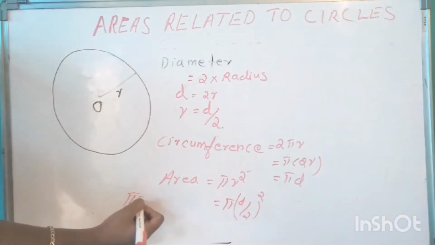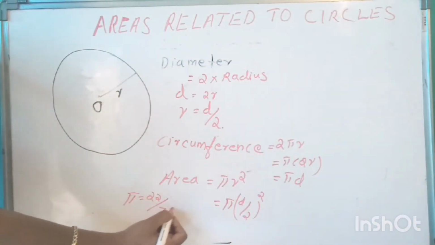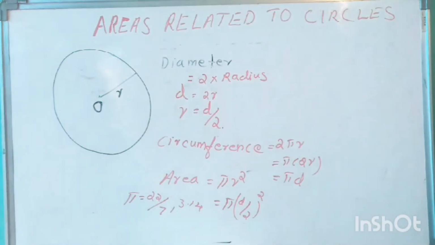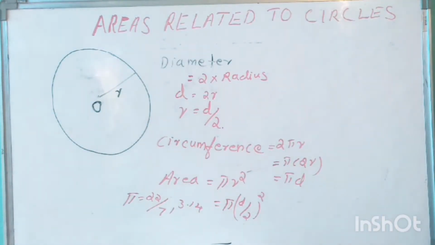In some questions they will tell us to use pi is equal to 3.14. Otherwise, we will use pi is equal to 22 by 7.